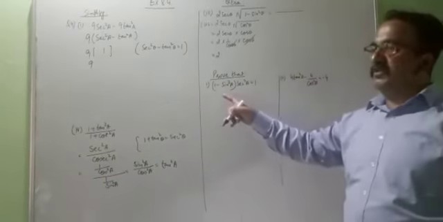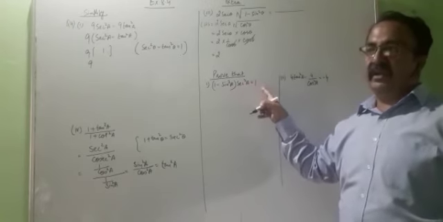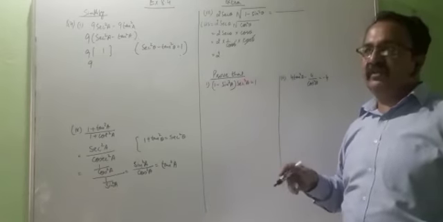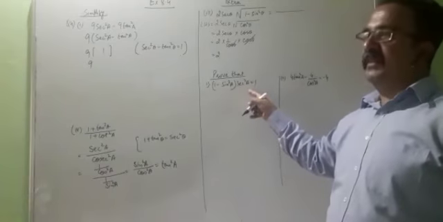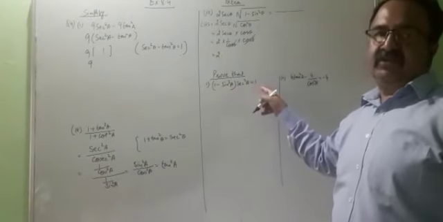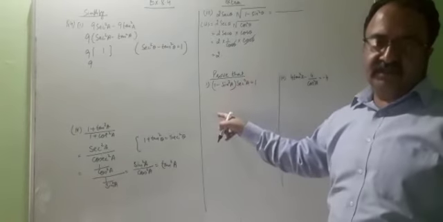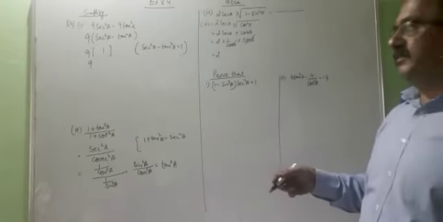Now you can have a question of this type also: prove the two sides, left hand equal to right hand. We have three ways of solving it. We can solve the left hand and go on solving to reach the right hand side, or solve the right hand side and come to the left hand side, or solve left hand and right hand separately and get the same answer.